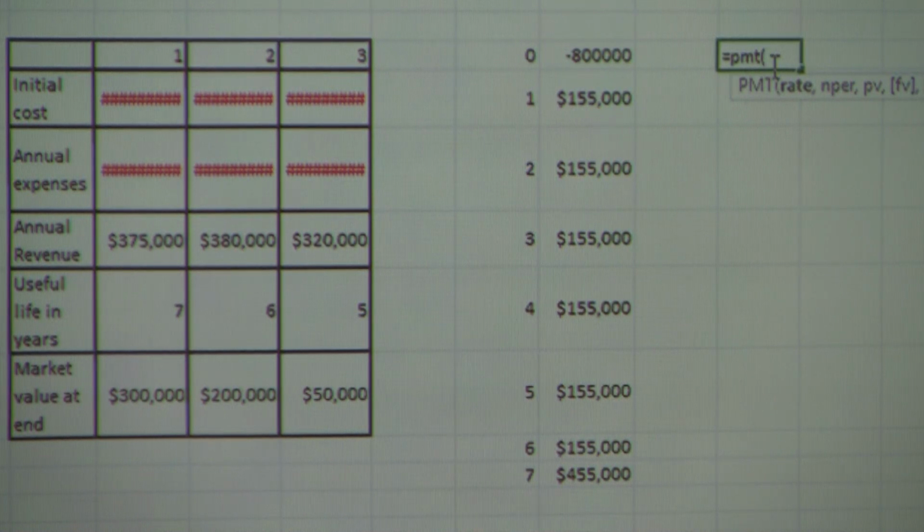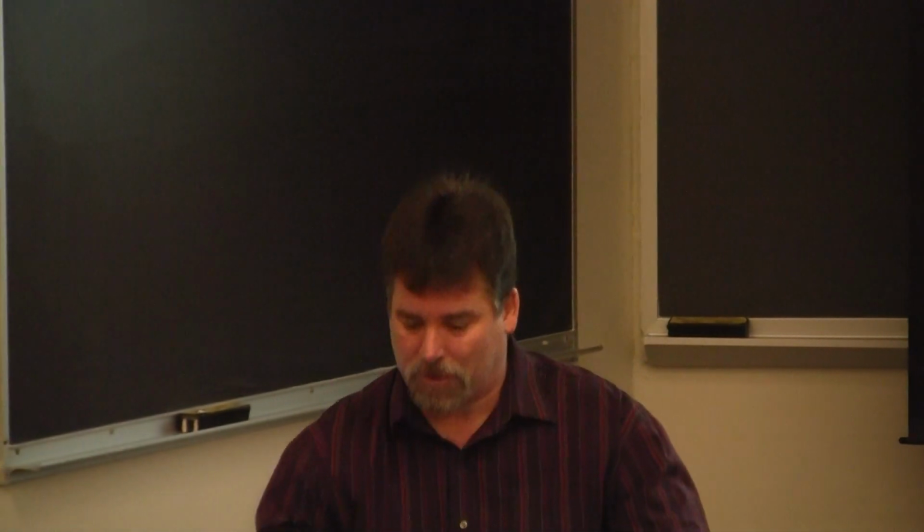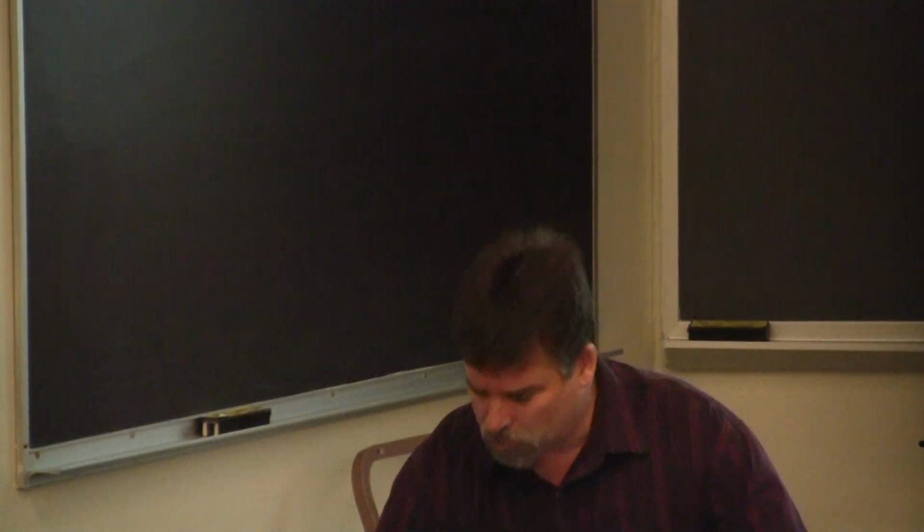That revenue is the same every year, right? That makes a payment. I have a present value, what I paid up front, and I have a future value, what I can sell this machine for at the end. I have all the pieces of the puzzle that I need to find the annual worth. Payment and annual worth, same thing. So what was the MARR that I gave on this one? 12%, thank you.